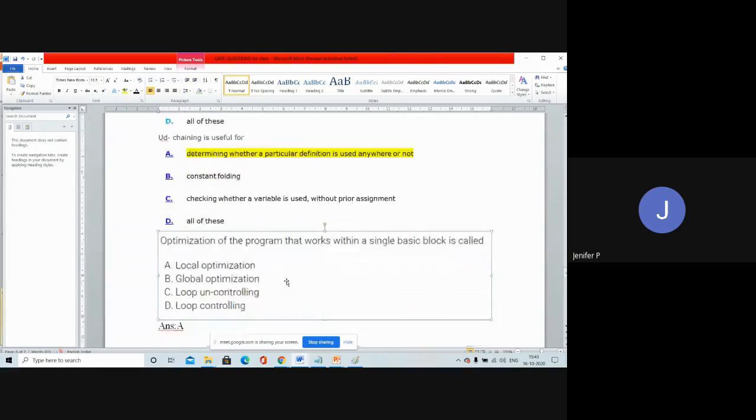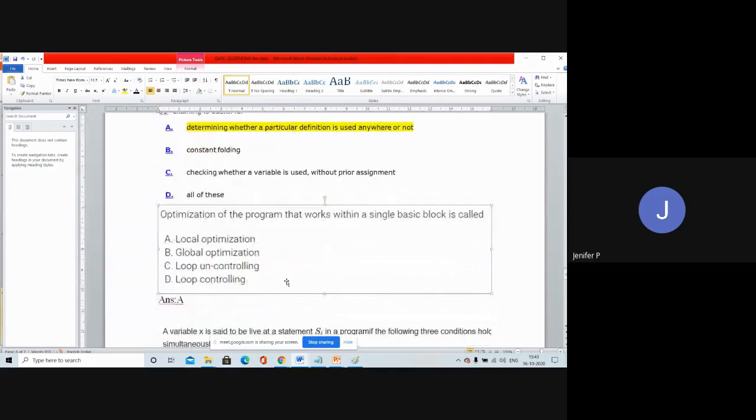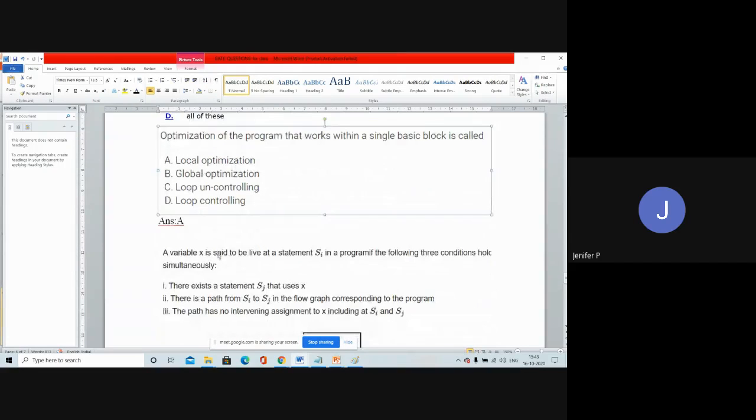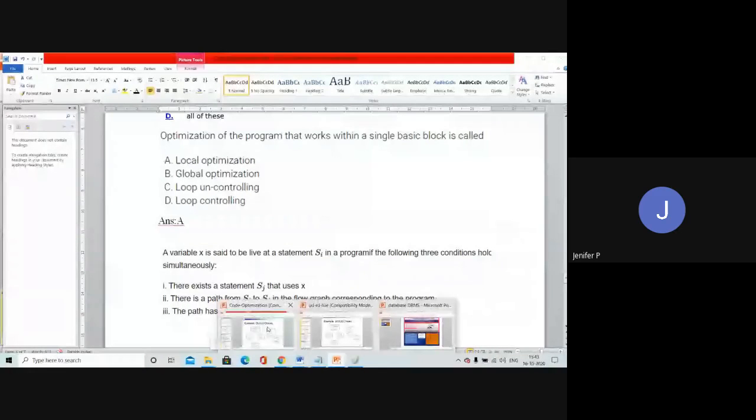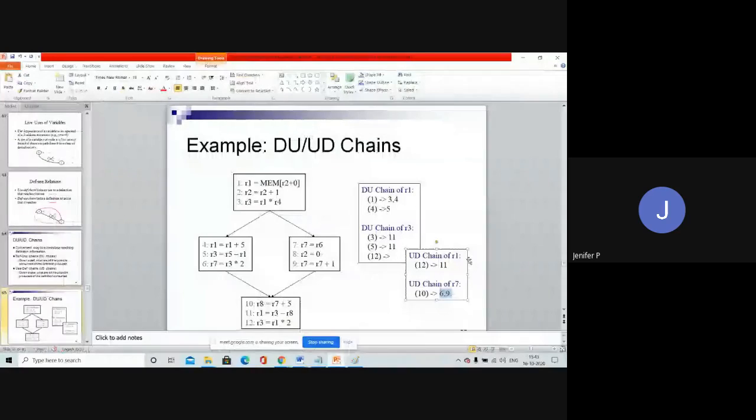And the next one: a variable x is said to be live at a statement si in a program if the following three conditions hold. We saw liveness analysis last time. Liveness means that after the definition of x, it is used, and between the definition and the use there is no other definition. I'll show you that slide.